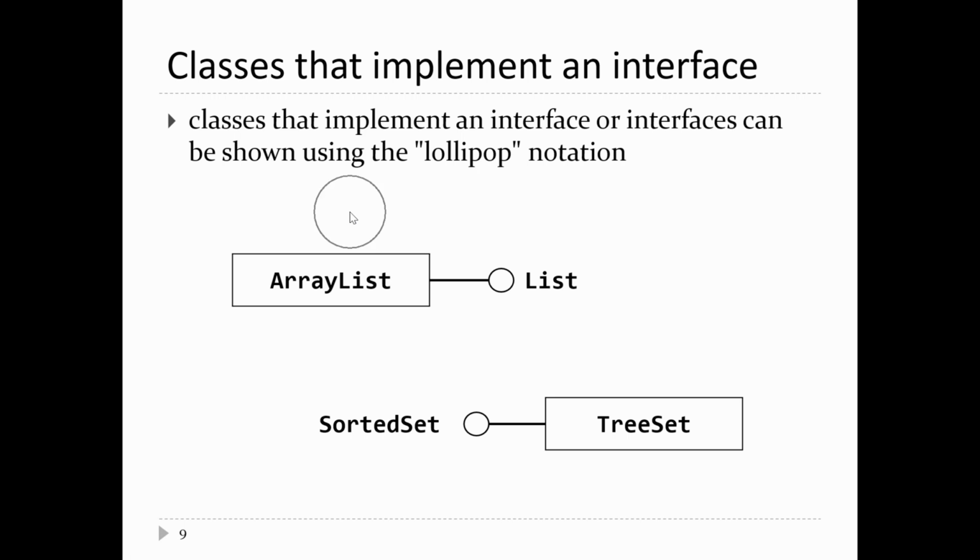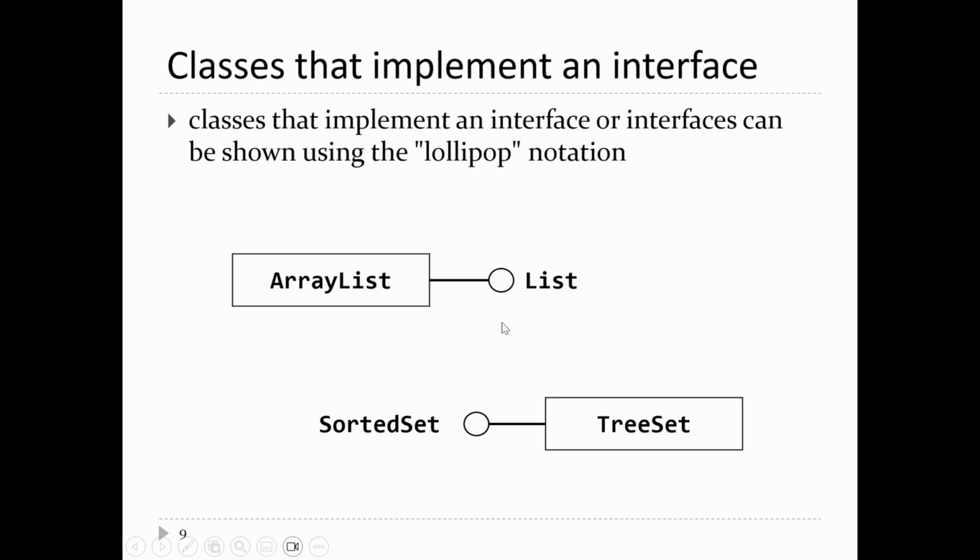If your class implements an interface, which we haven't talked about yet, you can also show that information on the class diagram as well. ArrayList implements this interface called List, and TreeSet implements this interface called SortedSet.